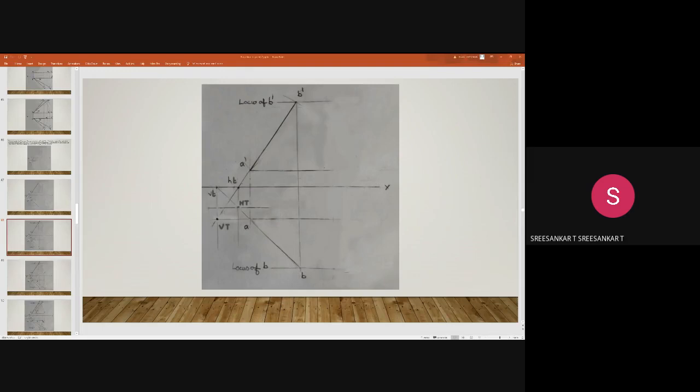Gautam Krishna, have you finished drawing? Yes. Devika, have you finished?